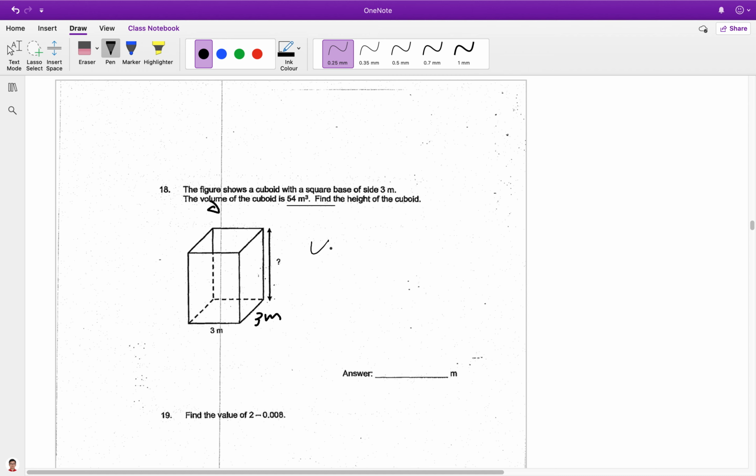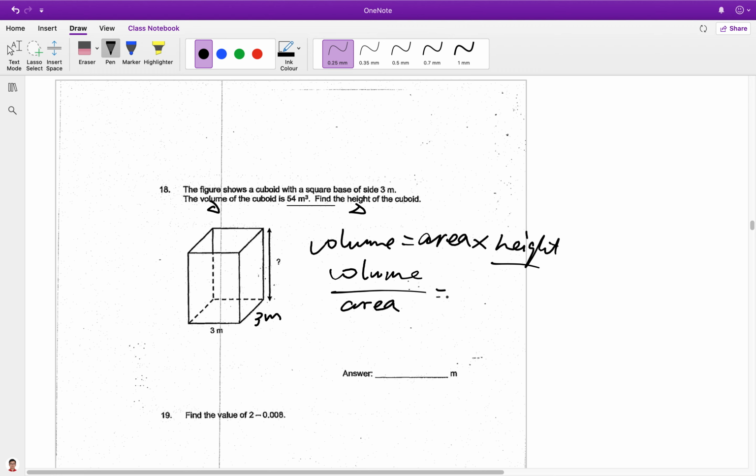We know that the volume is equal to the base area times the height, right? So here, we want to find height. Well, height equals volume divided by the base area. Volume here is 54, and for the base, 3 meter times 3 meter, which is 9, right? So the answer is 6 meter, right?